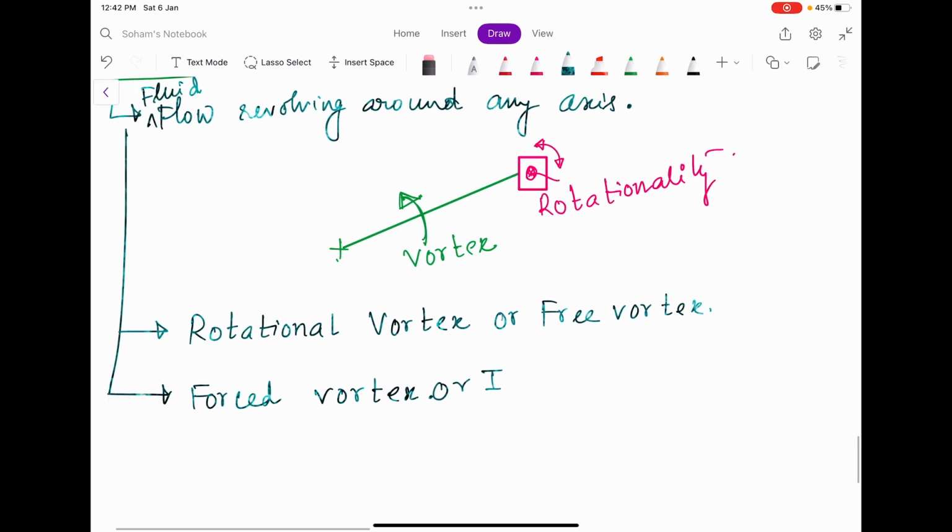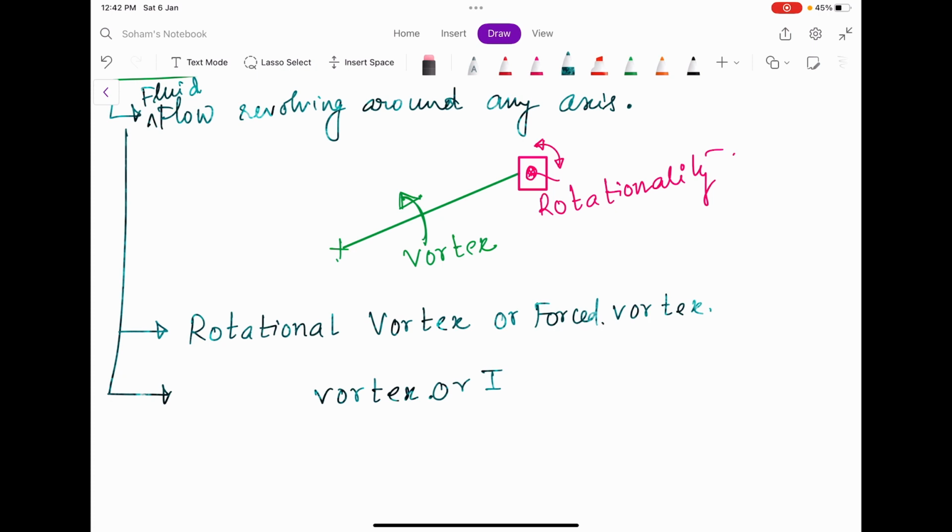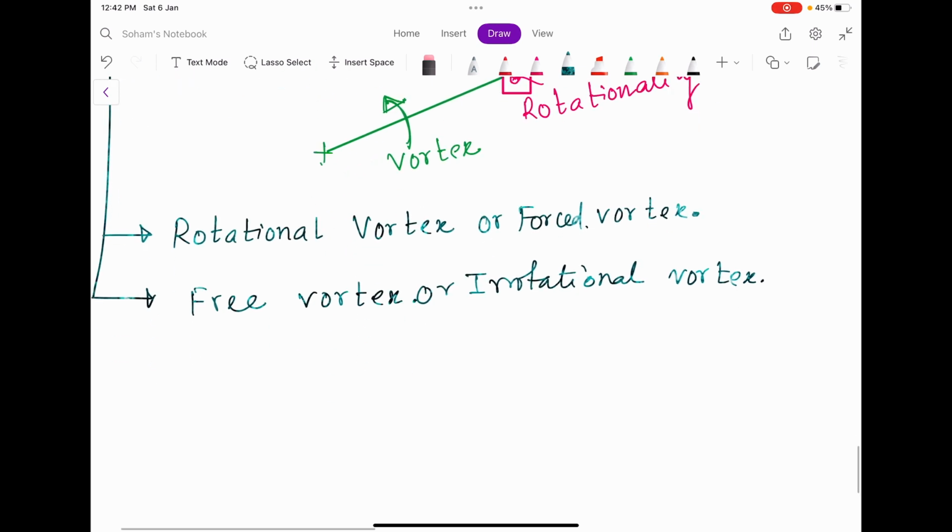Sorry, I'm extremely sorry, rotational vortex is the forced vortex, and free vortex is the irrotational vortex. So we will derive the expression of velocity, or rather I will now tell the expression of velocity, and later from the conservation of momentum and all the things we will derive those things, okay.